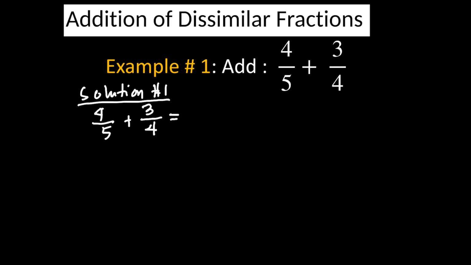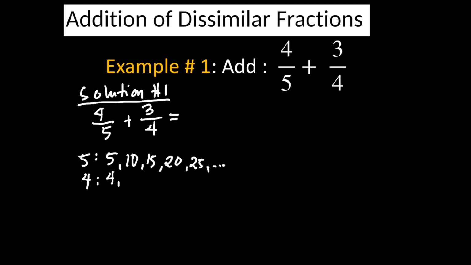So for this example, let's do the listing method, meaning to say we're going to list down the multiples of 5 and 4. So 5 and 4. What are the multiples of 5? We have 5, 10, 15, 20, 25, and so on.